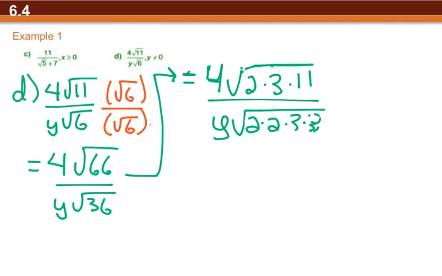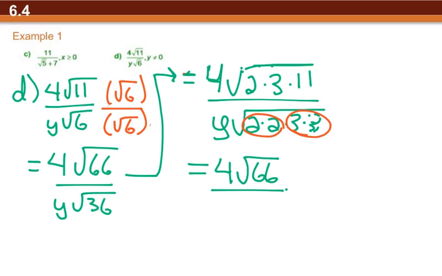Looking for groups, none on top, but we have a group of 2's and a group of 3's on the bottom. We can multiply the top back together and go back to 4 root 66.